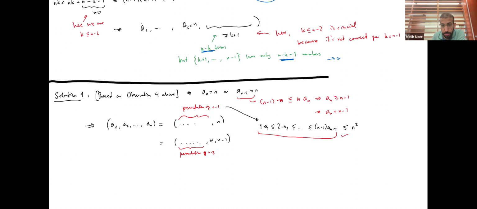So similarly here, 1 times a_1, 2 times a_2, up to (n-2) times a_{n-2}, this is less than or equal to n times a_n and n times a_{n-1}, which is the same thing. And this is also satisfied.